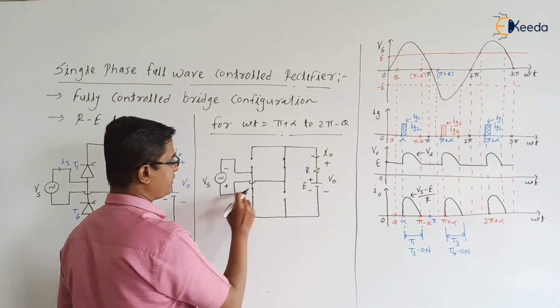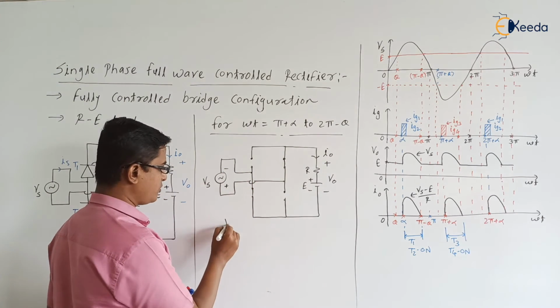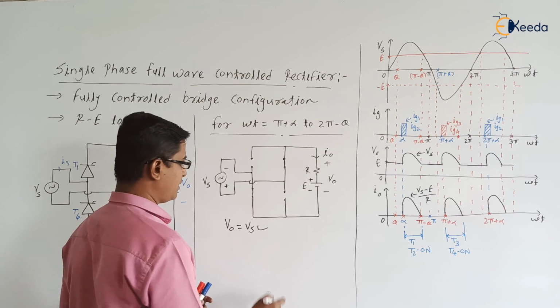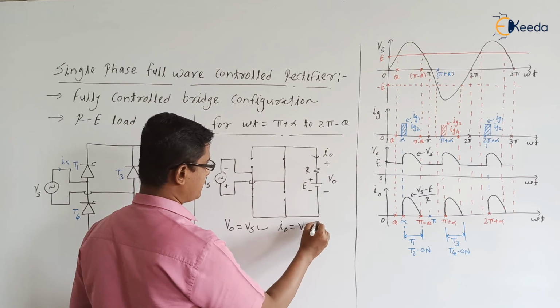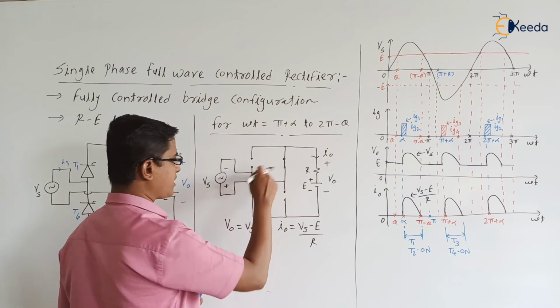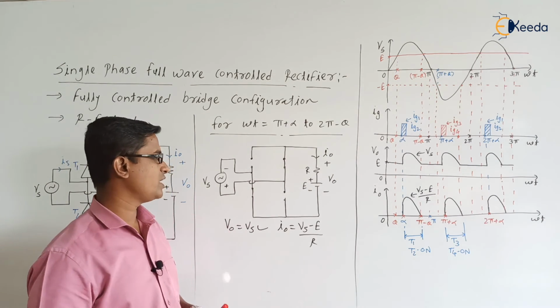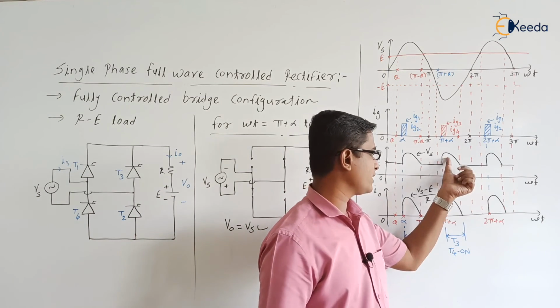Current will be flowing from Vs through T3, the load, T4, and back to Vs. What is V0? V0 will be the supply voltage, and it is positive. I0 is equal to Vs minus E divided by R. You can apply KVL and you will get this expression. So from pi plus alpha to 2 pi minus theta, we have this expression.